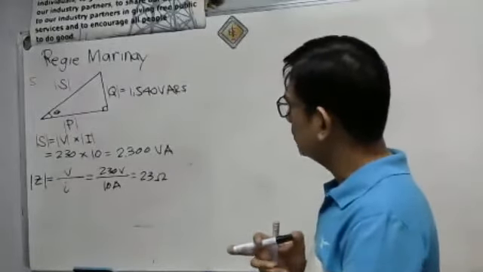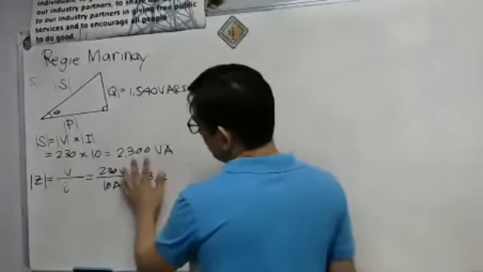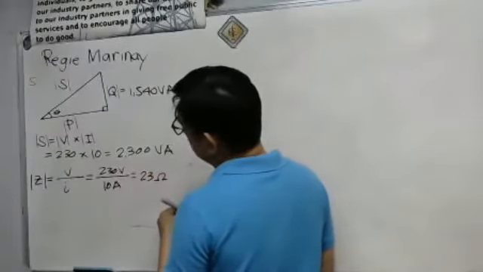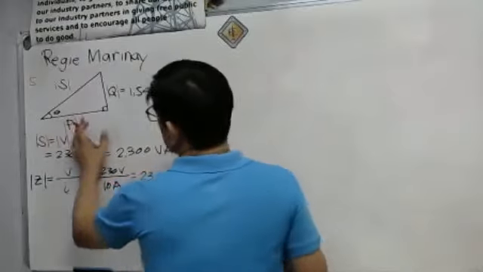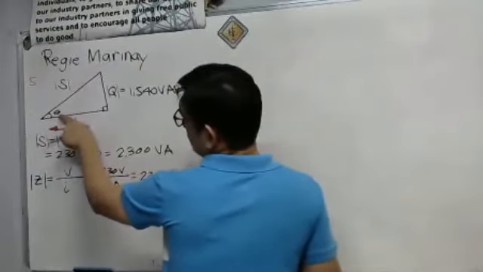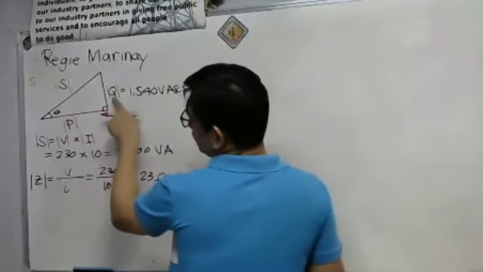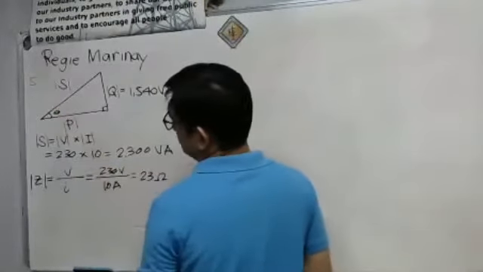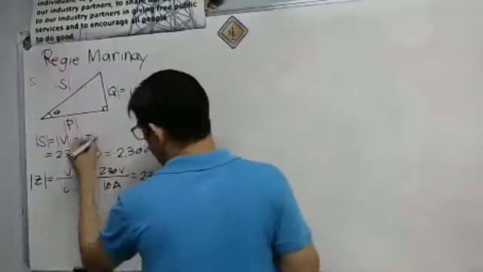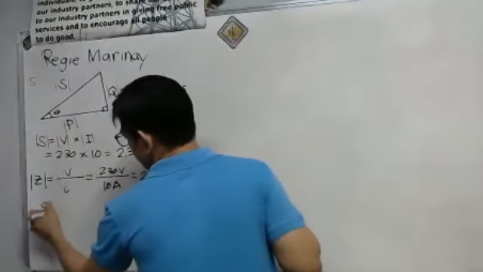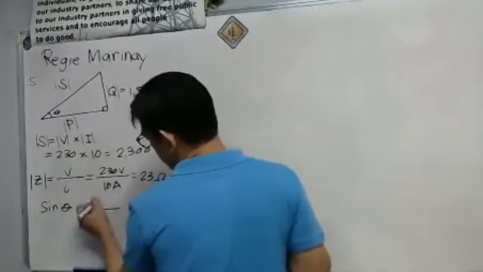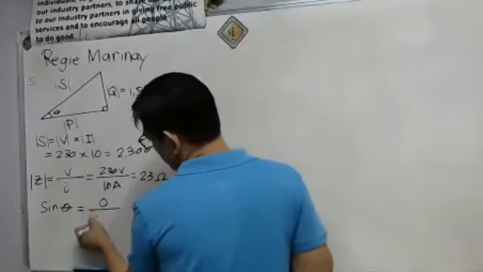So we already have our S. What trigonometric function can be used for us to solve the theta here? We are given the Q, we are given the S. I think it's sine theta, right? So that is SOHCAHTOA. Sine theta is opposite over hypotenuse.